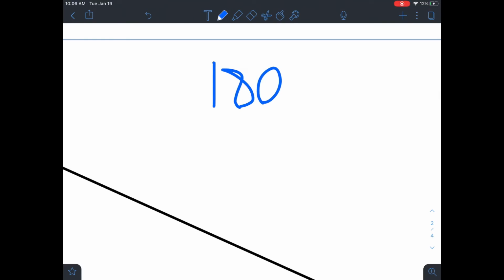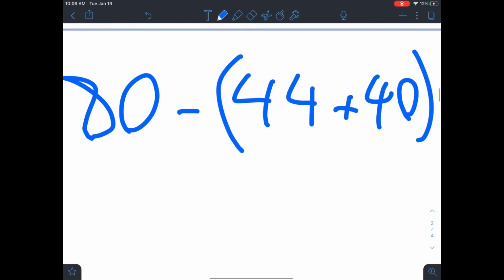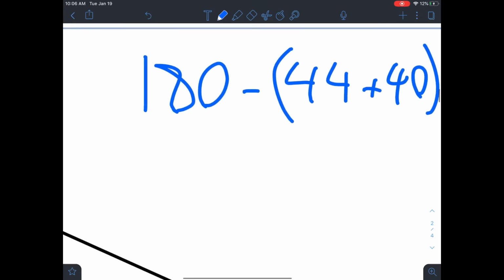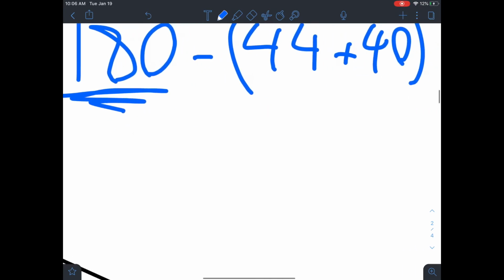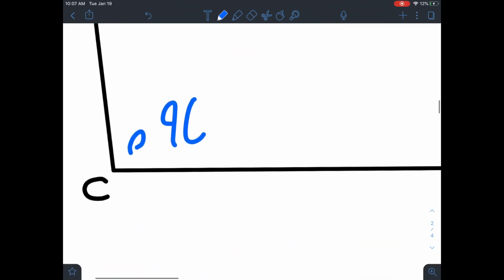You don't need to do any extra work for this. So these are both the angles added, subtracted out of the total degrees a triangle can have, and we get that our final angle is 96. So now we know this is 96.